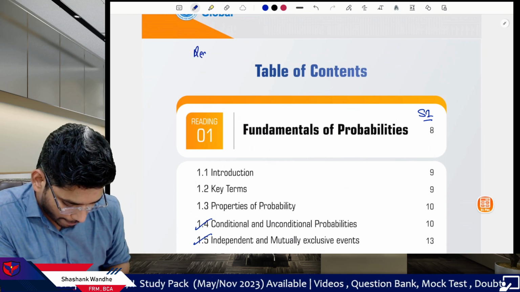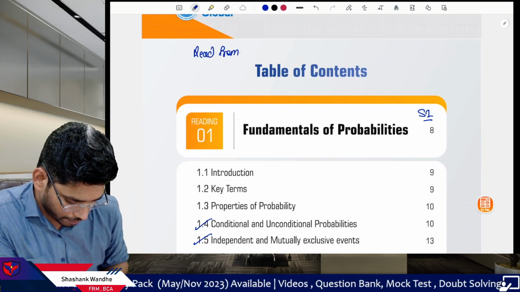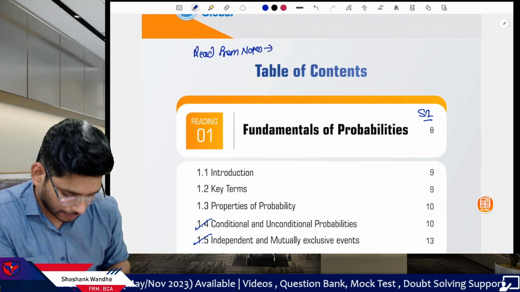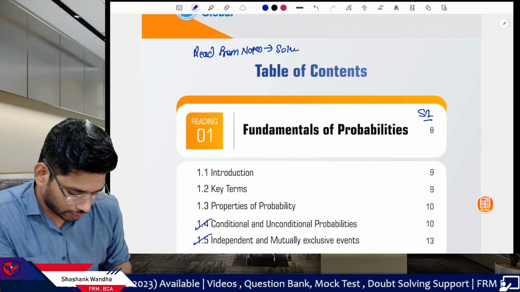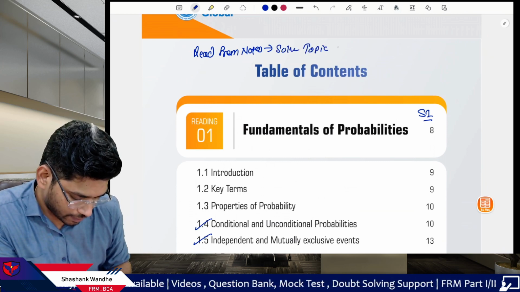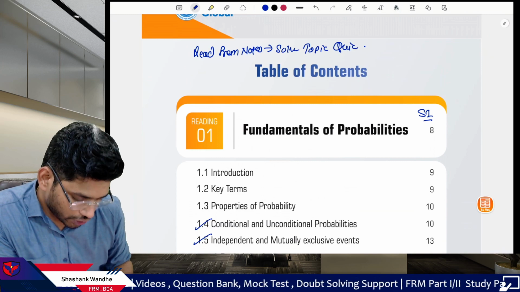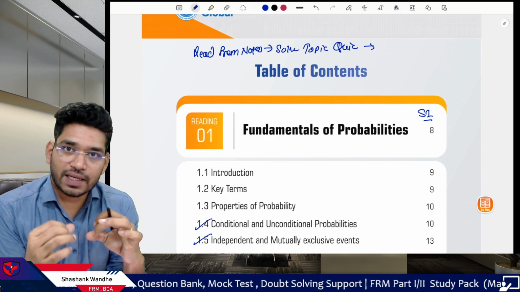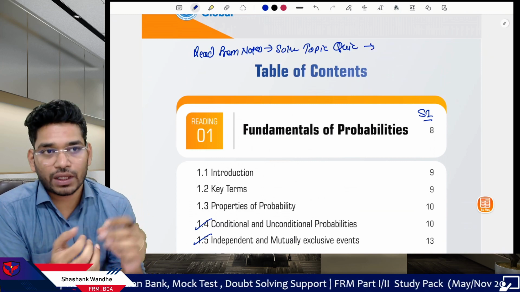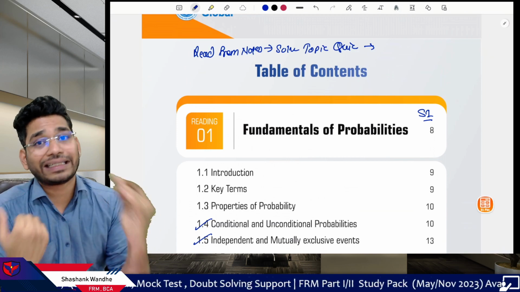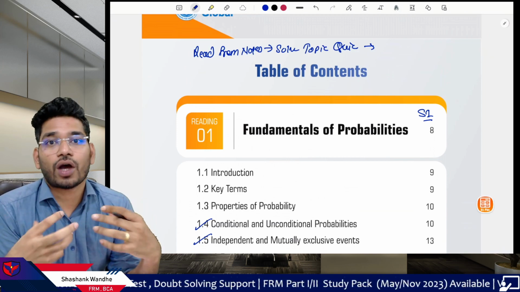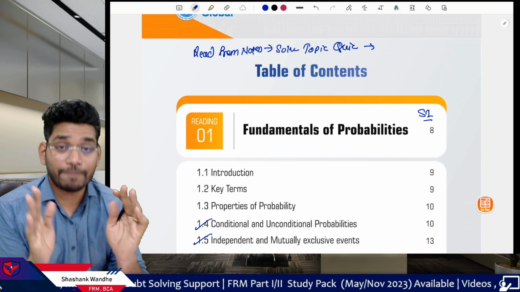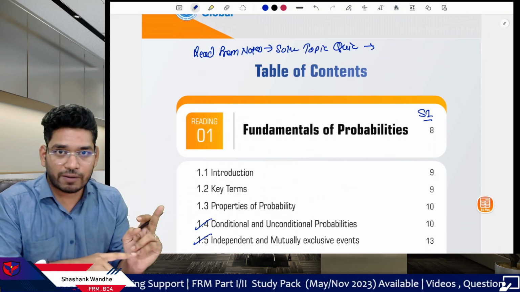First, read from the notes, then solve the topic-wise quiz. This topic-wise quiz is a concept-level quiz and not an exam-level quiz. Now when you solve the topic-wise quiz, if you perform really well in that quiz, it means you are good with basic concepts, which is very important to solve exam-level questions.